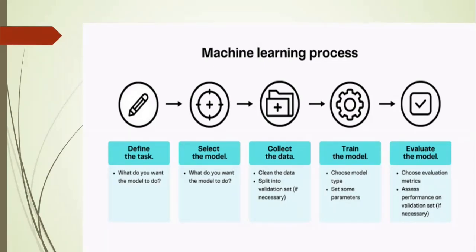You have to first clean the data because whatever the system we are going to use, it should learn that data. So always when the data comes, it comes with some garbage, some data which is not readable, some data which is not clean. So cleaning of the data, making that as per our format, is one of the major tasks. Then split into a validation set if necessary.